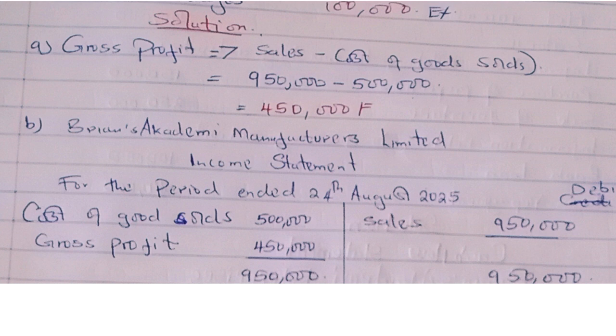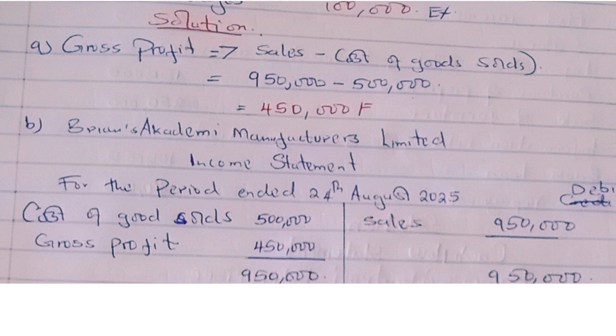So the first part, we are going to write there the cost of goods sold, that is 500,000. Then we want to get the gross profit. We had already calculated it there, so gross profit, we'll put it also there under the part of credit.